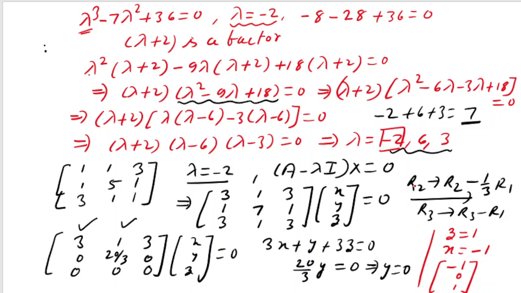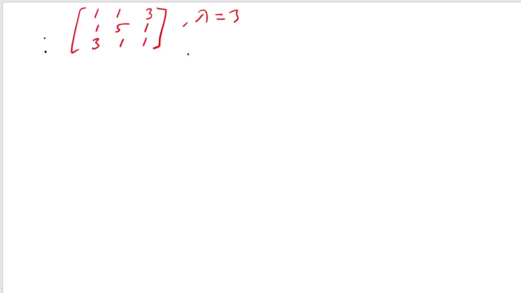I will also solve it for lambda is equal to 6 and 3. So let's proceed further. For lambda is equal to 3, I need to solve the system (A minus lambda I) x is equal to 0. So this will be basically (A minus 3I) x is equal to 0, meaning I have to subtract 3 from the main diagonal.